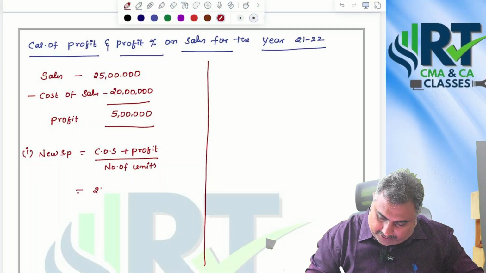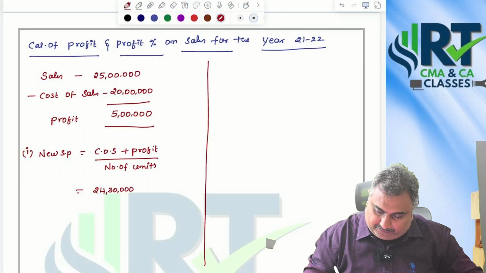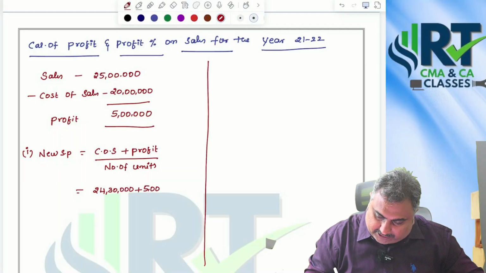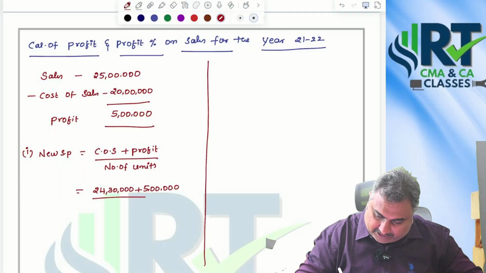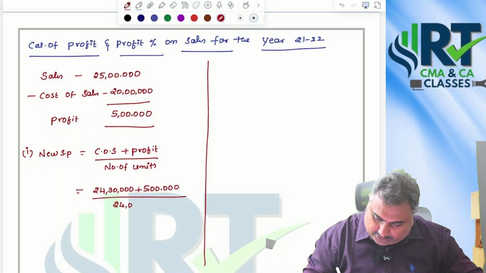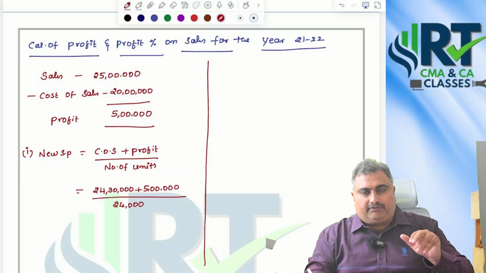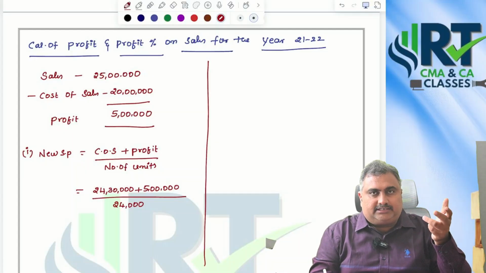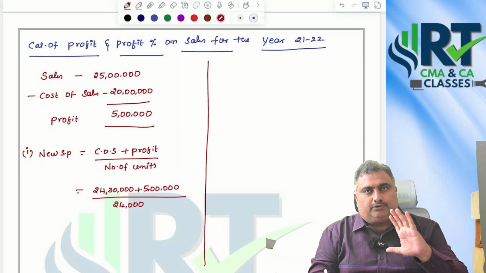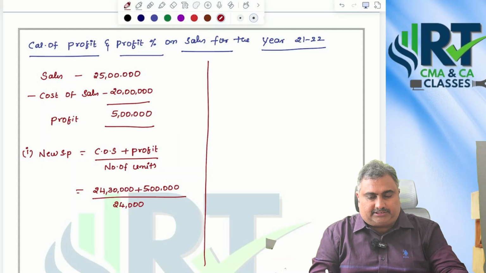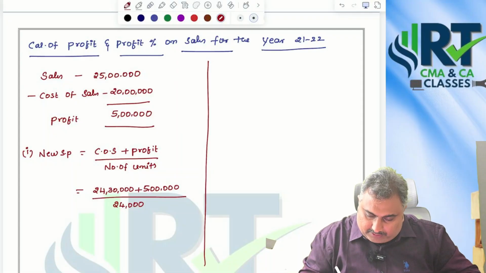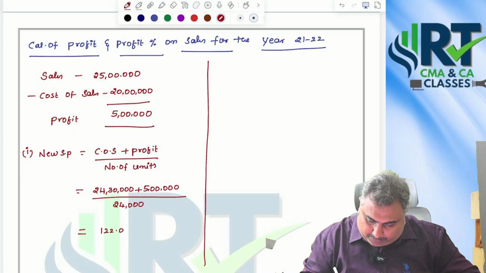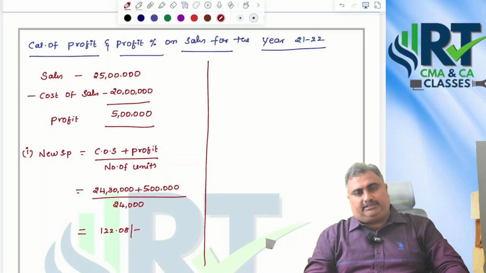For 22-23 we calculated our cost of sales as 24,30,000. They are expecting the same amount of profit, 5 lakhs, divided by 24,000 units, because 21-22 output of 20,000 increased by 20%, so 20,000 into 120% gives 24,000 units. So 24,30,000 plus 5 lakhs divided by 24,000 units, then you are getting 122.08 as the new selling price itself.